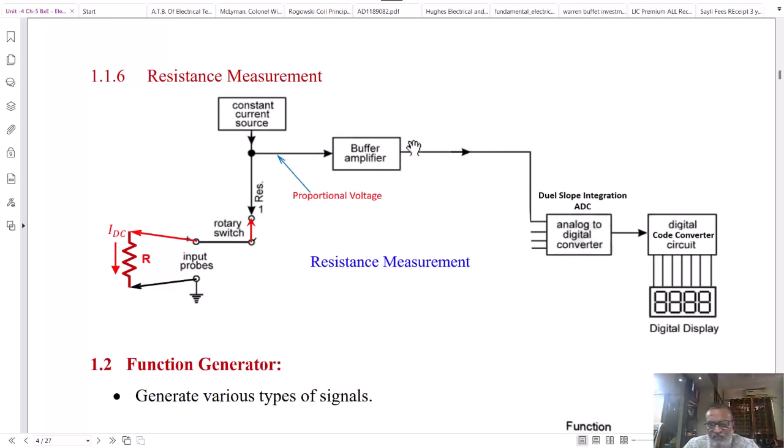This is then connected to the analog to digital converter, which displays that voltage on the digital display. Since the voltage is already proportional to the resistance, the reading displayed by the meter directly shows the value of resistance in ohms. This way the measurement can be provided.